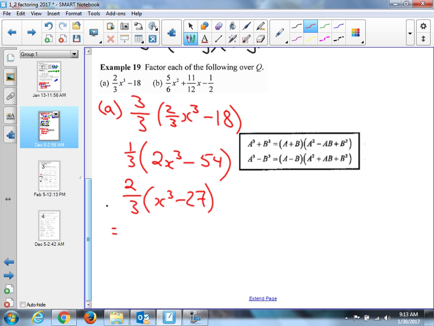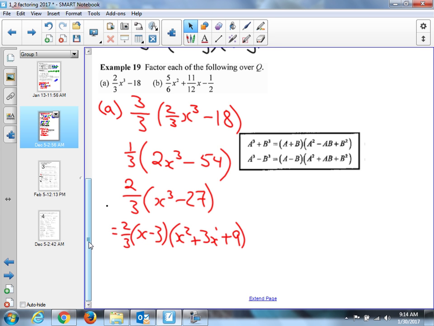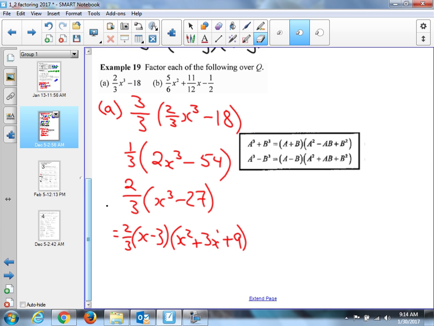So 2/3, x minus 3, a squared is like x squared, plus a times b is 3x, 3 times the x, plus 9. I'm trying to erase that tick mark there. There we go. Now that's a big one.